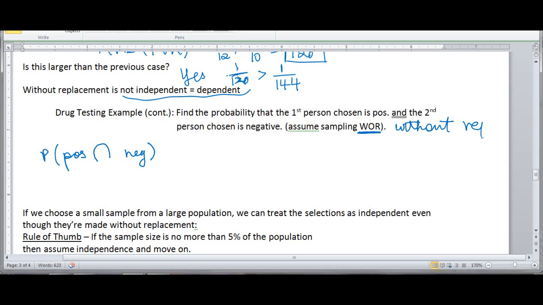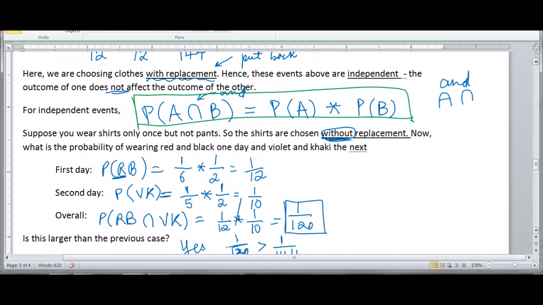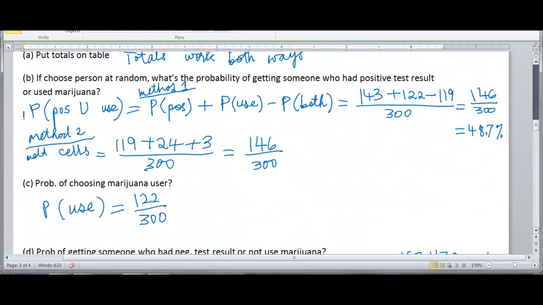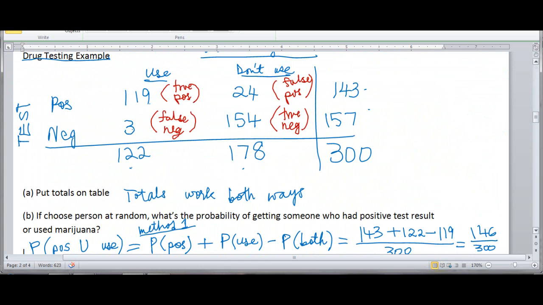So what's the chance of choosing somebody, first person positive, second person negative? Let me go to my table. Let me write that on the side here.